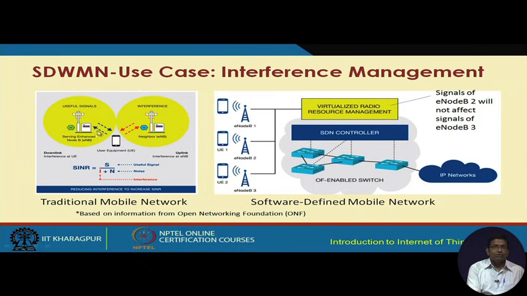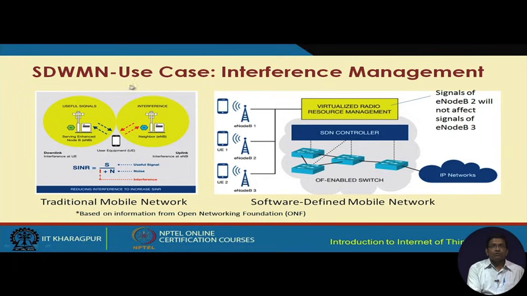But while it is doing so, it may also get affected by interference from another node. The red colored arrows show the interference, and the blue colored ones show the regular data communication. So, there is this solution which is SDWMN.